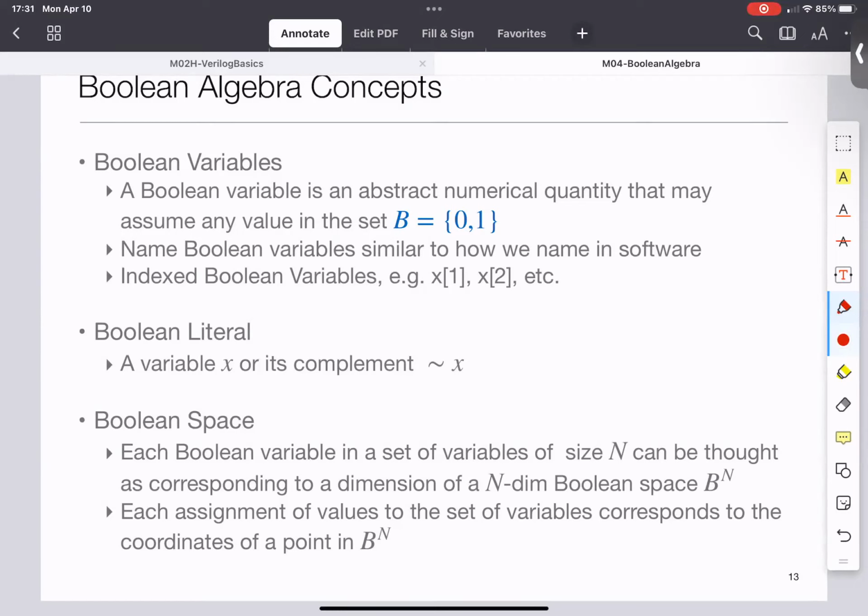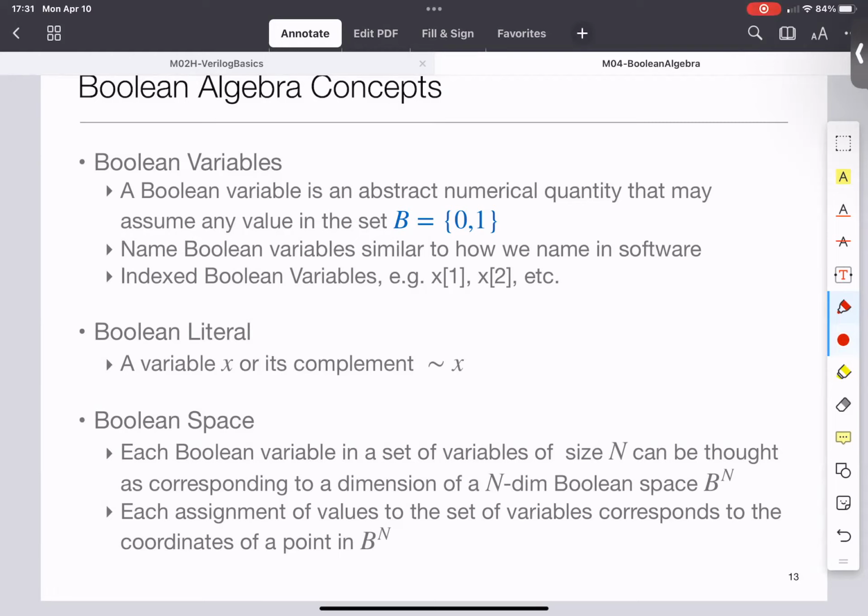One axis represents A, another B, a third C, and along each axis you have 0 and 1. Much like regular things: if I give you 2 variables x, y, I can think of it lying in a plane. If I give you 3 variables x, y, z, they reside in a 3-dimensional space. So if I give you a set of n Boolean variables, you can think of them as representing points in an n-dimensional Boolean space, each axis having 0 and 1.